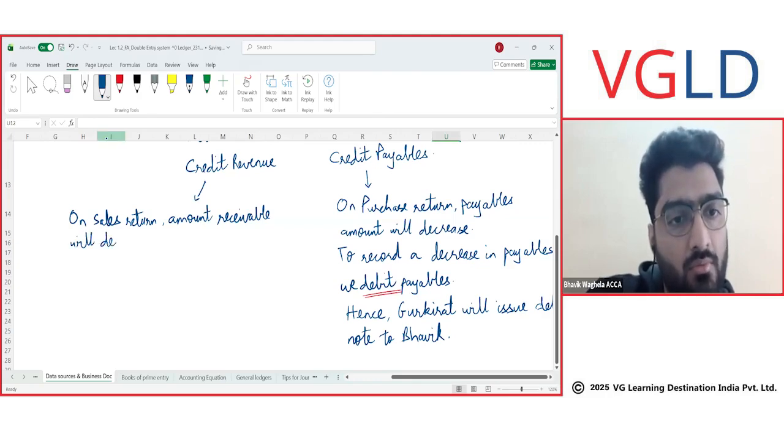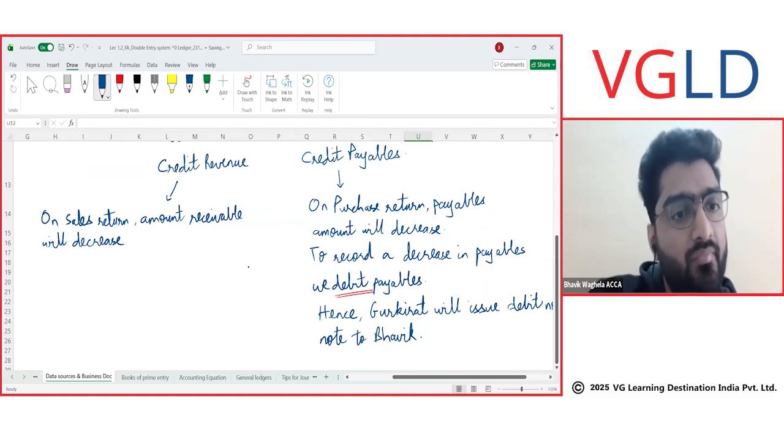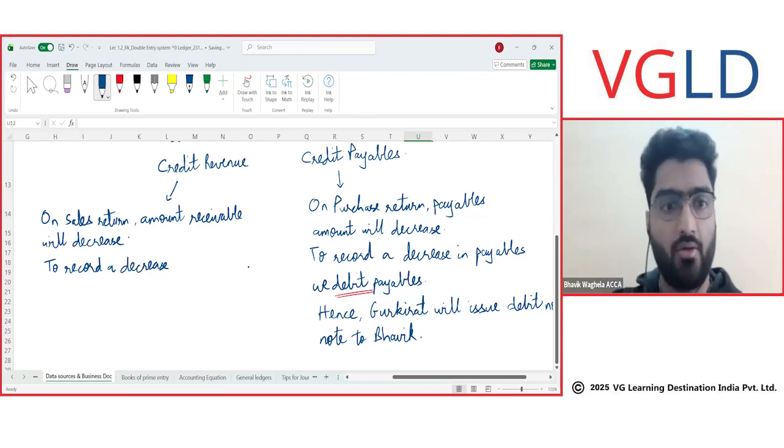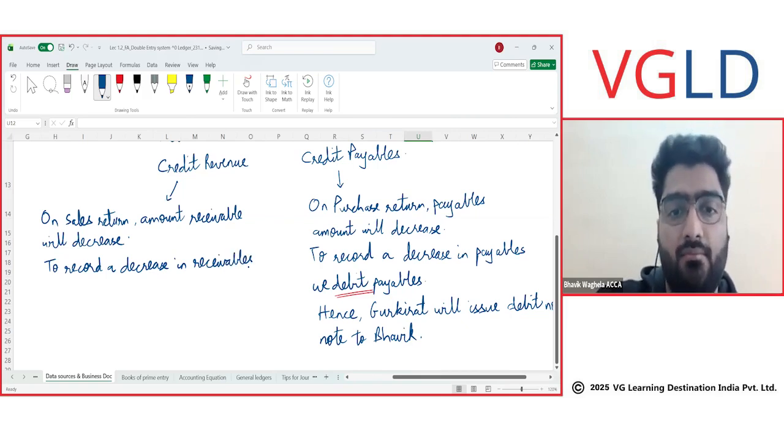Yes or no? To record a decrease in receivables, should I debit it or should I credit it?